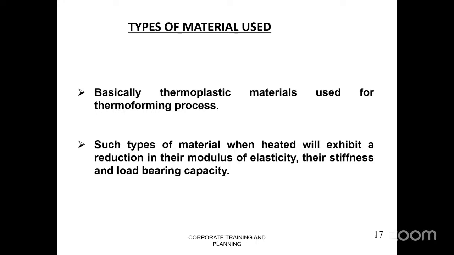Again, wood also we can use for the construction of thermoforming mold. But wood, I told you, you have to apply the enamel there and varnishes. You can produce up to 100 articles from that, but again it will give problems afterwards.